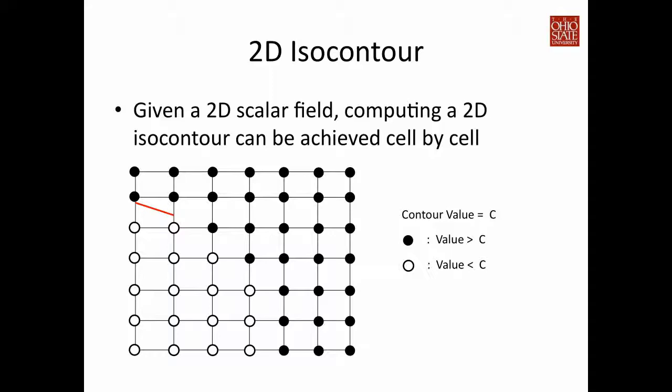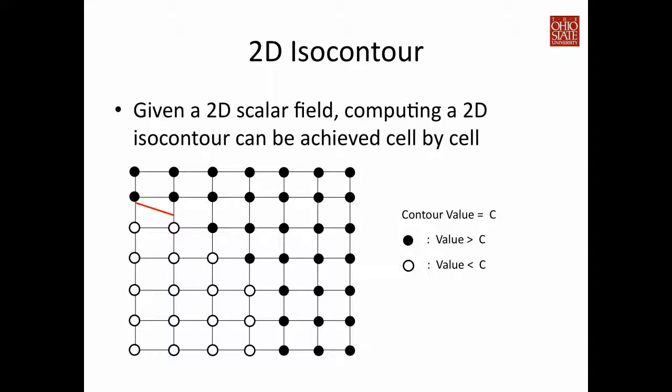If some of the points on the square cell are greater than the iso value, and some of the points are less than the iso value, and if we assume the scalar value changes linearly within a cell, you can be sure that there is an isocontour cutting through the cell. In the example here, you see a red line cutting through a cell. The top half of the cell has grid points that have value greater than the iso value, and the bottom edge of the cell has 2 grid points that have value lower than it.